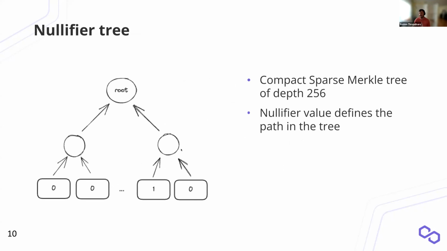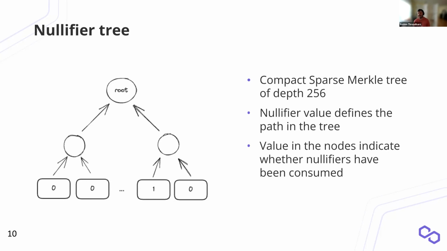If it starts with 1, we go to the node on the right, and then we traverse the path all the way down to the leaf. Then we get to the leaf identifying a specific nullifier. The value in the node will indicate whether a nullifier is spent or not: 0 means the nullifier is not spent, and 1 means the nullifier is spent.